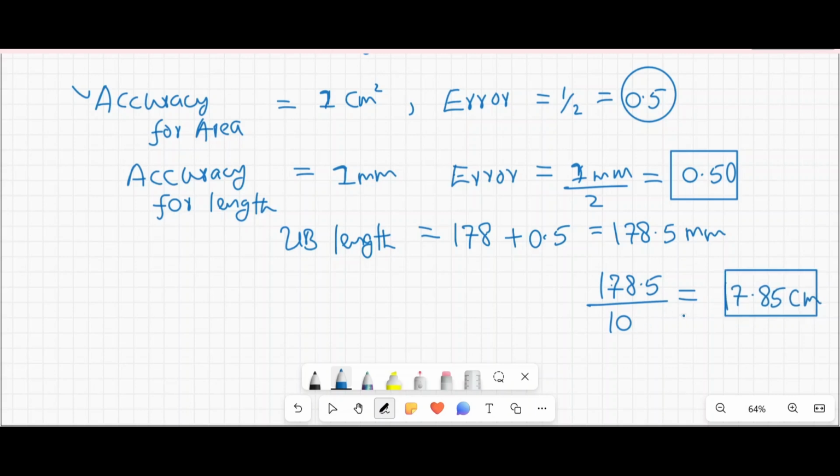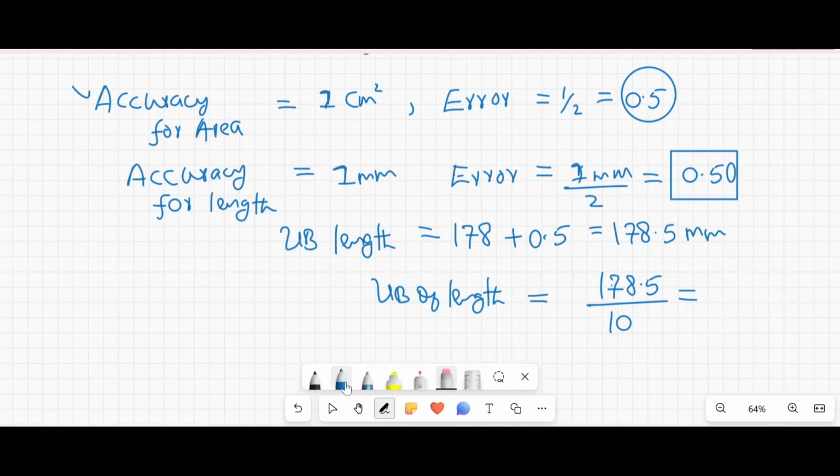So now this is the upper bound of a length, but now we have changed the unit into centimeters. So let me correct it because it's not properly written. So this will become 17.85 centimeters.